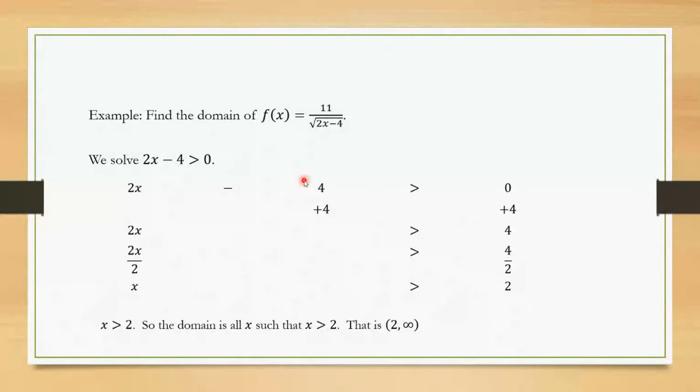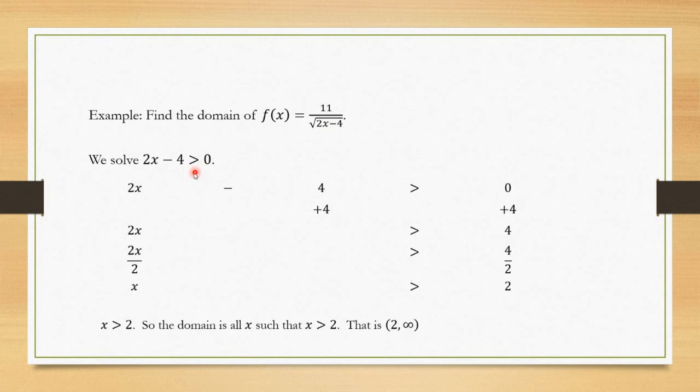So here's an example. Now here we have the square root in the denominator. So in this case, we want to know when the radicand, which is 2x minus 4, is strictly greater than 0. We can't allow 0 here because we'd be dividing by 0.